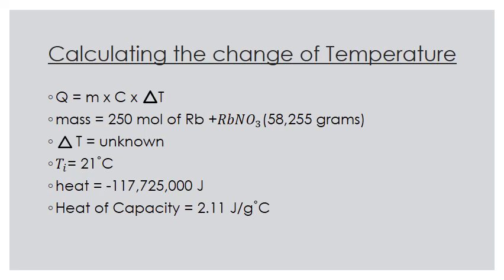We know that the equation for finding out how much heat will be released from a chemical reaction is heat equals mass times heat capacity times change of temperature. The mass is 250 moles of the product, which translates to 58,255 grams. Our change of temperature is unknown, since that is the variable we need to find.